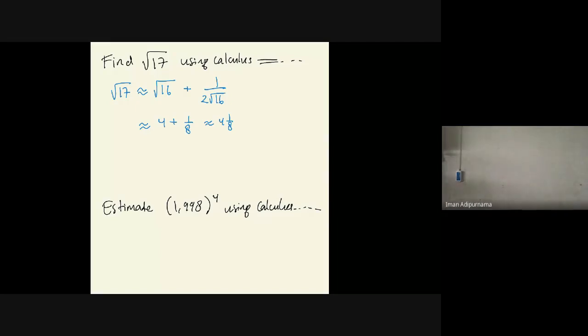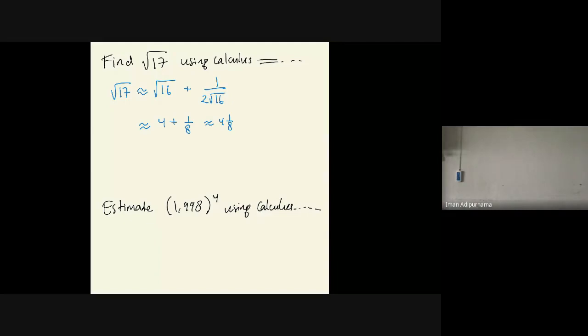What it means is that in any estimation, you choose the easy number that you can predict, plus the distance between the unknown number and your a, which is 16.